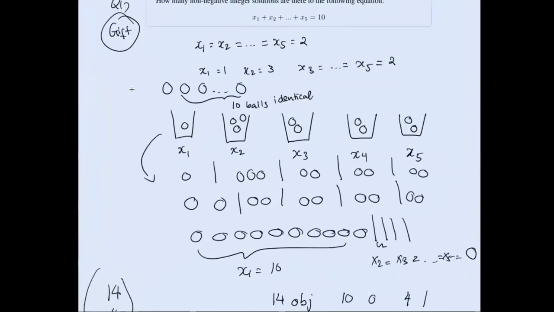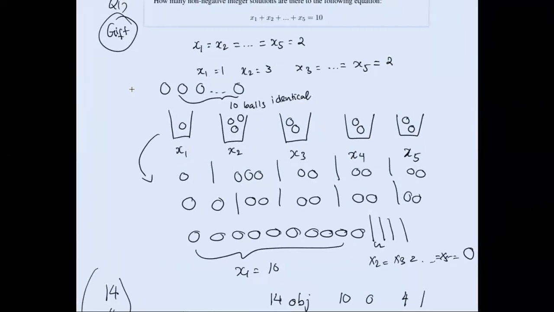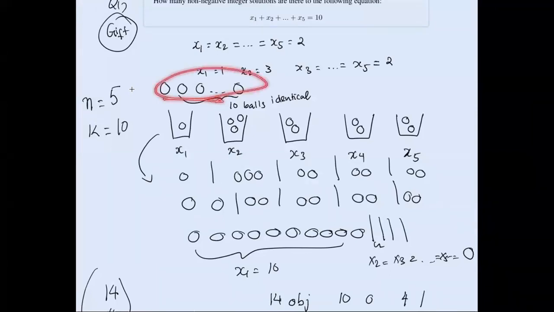Yes, so if you use that formula, your N will be 5 and your K will be 10, because you are trying to form a combination of 10 balls among 5 bins.